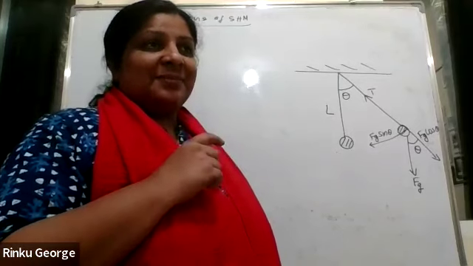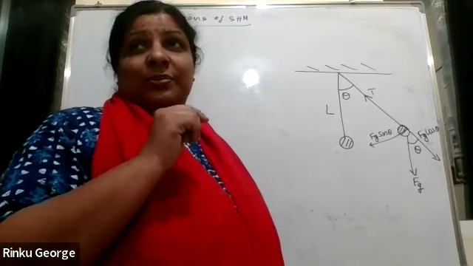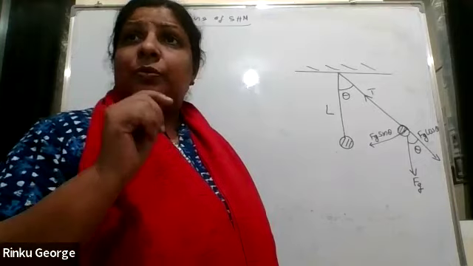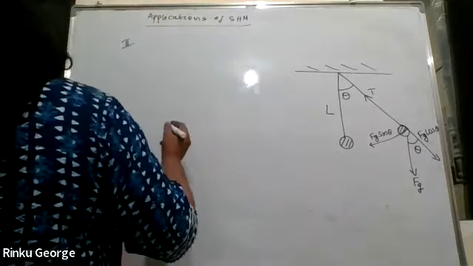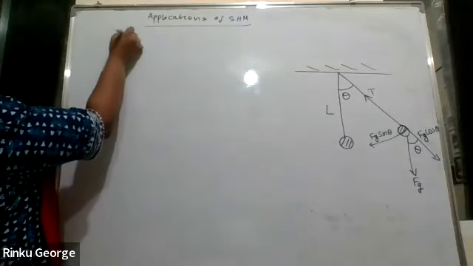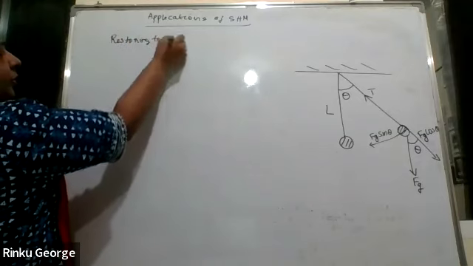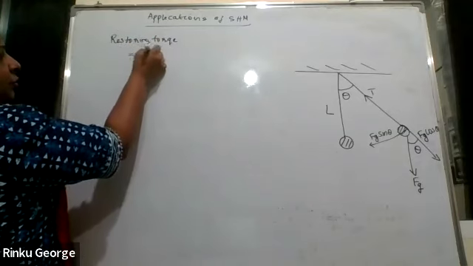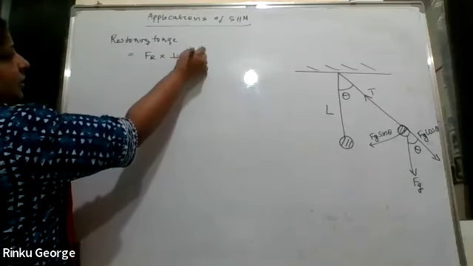This is the introduction. The first step, we will find the restoring torque. What is restoring torque? Force into perpendicular distance. So restoring torque equals restoring force into perpendicular distance.